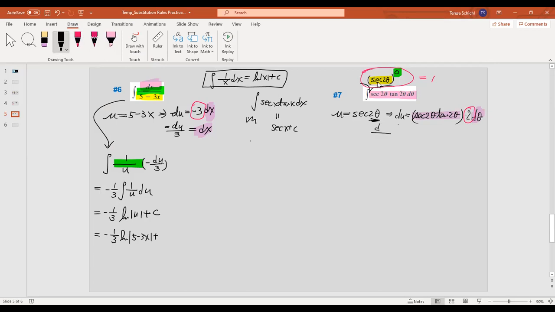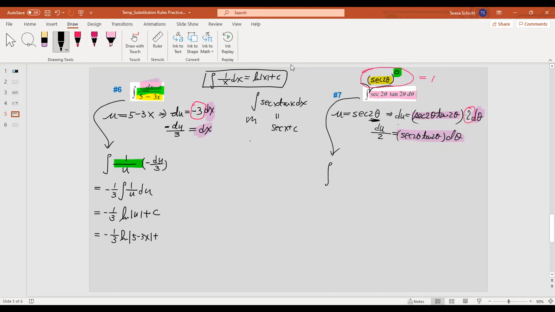I can handle that. So this is du over 2, which is equal to secant 2 theta tangent 2 theta d theta, and which matches exactly what I have here.